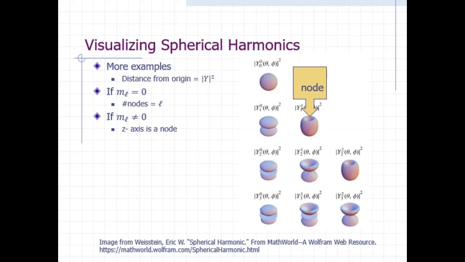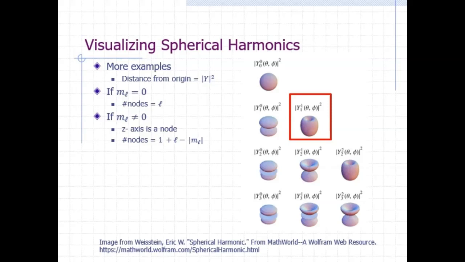In addition to the z-axis, we can also see additional nodes. The number of additional nodes is L minus the absolute value of m sub L. For L equals 1 and m sub L equals +1 or -1, L minus the absolute value of m sub L is 0, and we don't see an additional node.